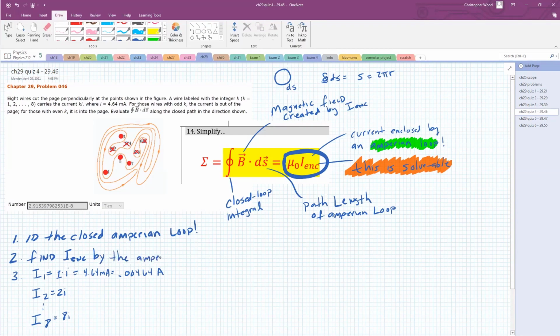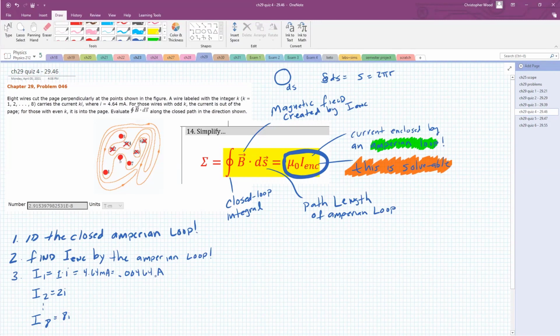And I guess I'll give one hint. I'm not sure that all of those currents are inside of that Amperian loop. So find I enclosed by the Amperian loop. I wouldn't assume that all of them are enclosed. I'm thinking maybe some of those currents are inside of the loop, and some are outside of the loop. So you have to do your visualization.